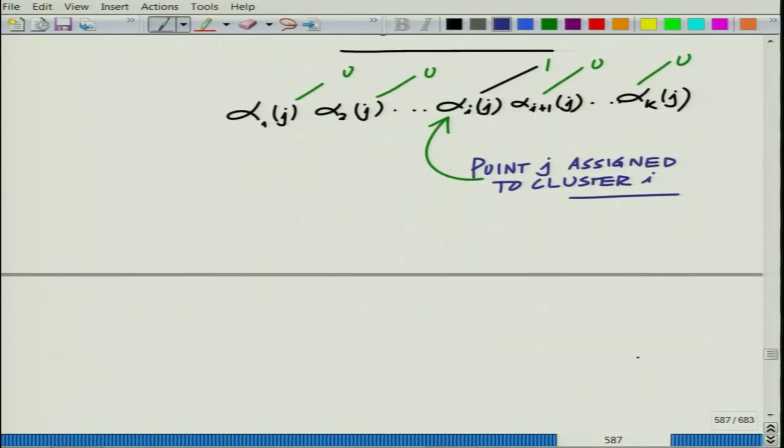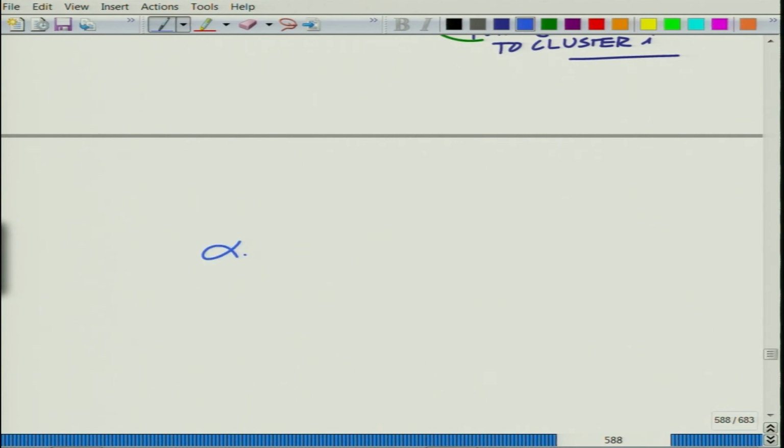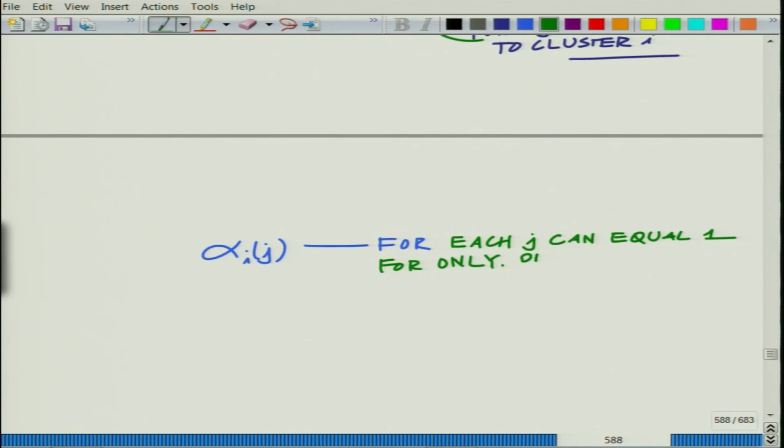So for each j, alpha i j can equal 1 for only one particular value of i.